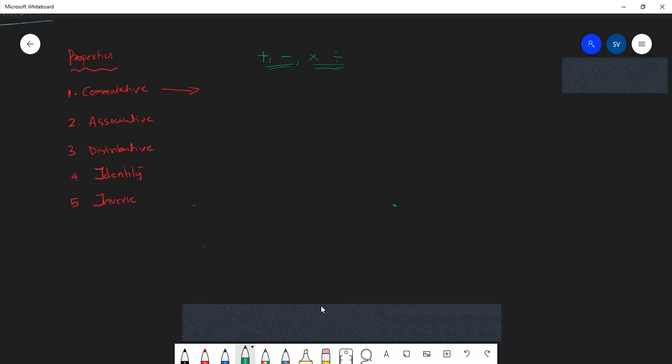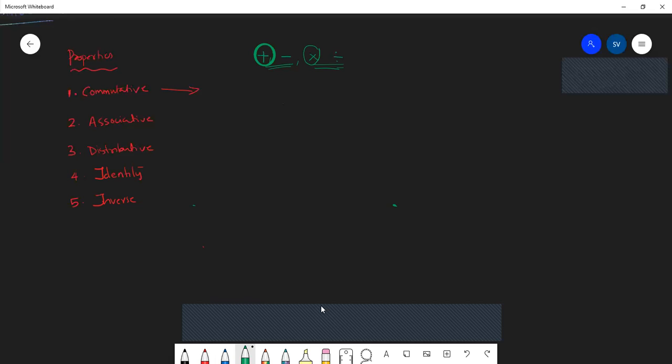So while we discuss the properties of a number system or real number system, we will consider only the first two, that means addition and multiplication, because the other two are actually the same but with opposite effect. So we will consider only addition and multiplication.